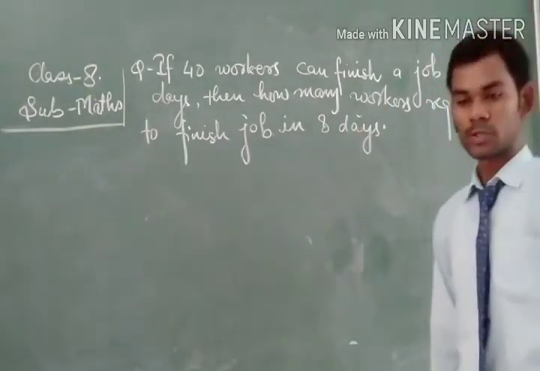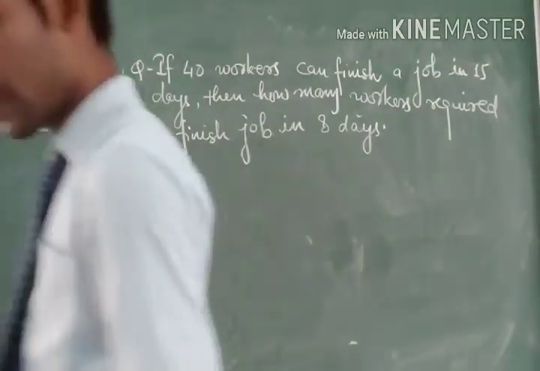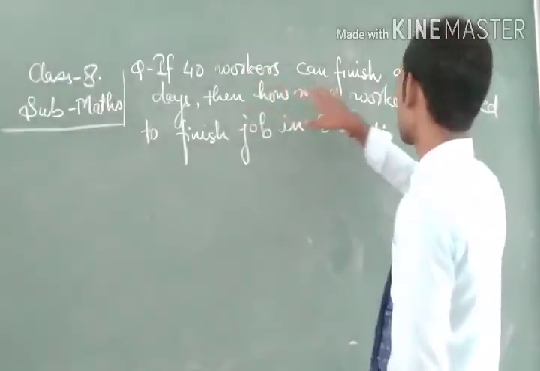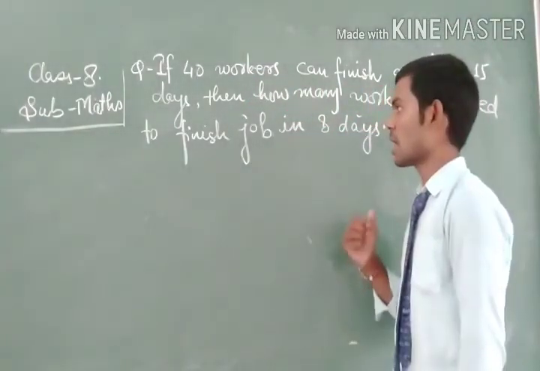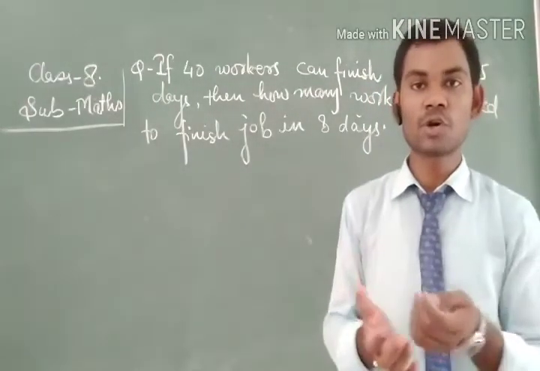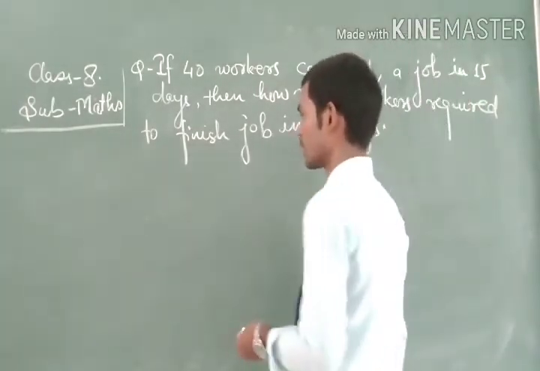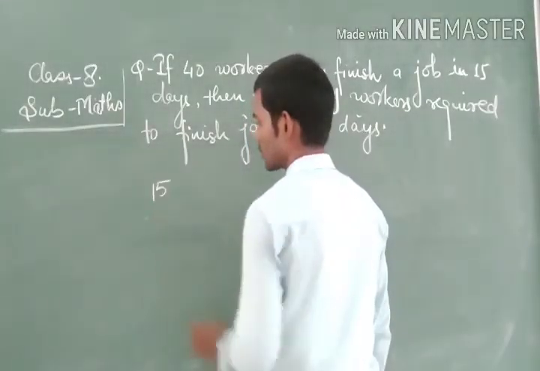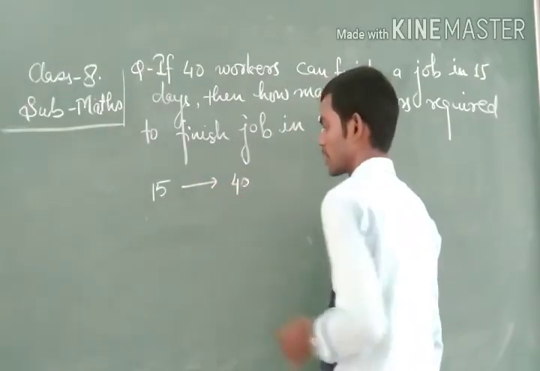Okay, students. So here a question is given which says that if 40 workers can finish a job in 15 days, then how many workers are needed to finish the same job in 8 days? So here you can see that 40 workers can finish a work in 15 days.